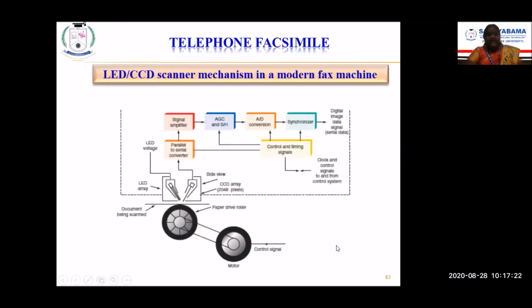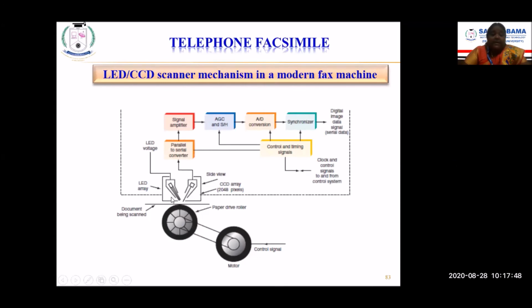Now let us see in detail how this scanner functions. It is not of that much importance, but you should know how. There will be a paper drive roller, and there will be a motor to run that. The document being scanned will be fed at this point, line by line. The roller will rotate based on the control signal provided to the motor.